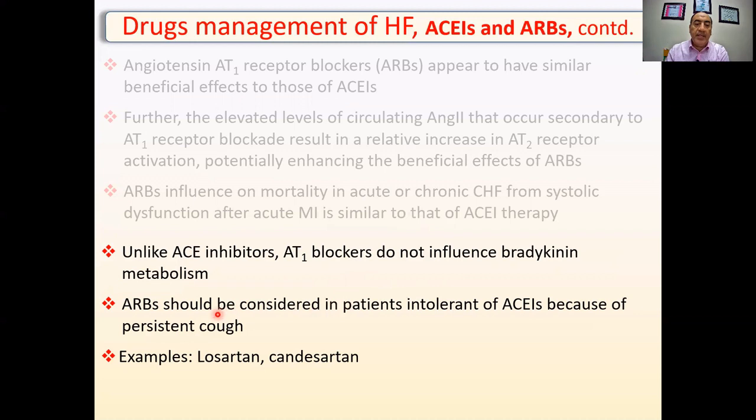The ARBs do not have this effect on bradykinin, so there is no persistent cough induced by these drugs. So they are considered in patients intolerant of ACE inhibitors. Examples of these end with sartan, like losartan, candesartan, valsartan, and many others.